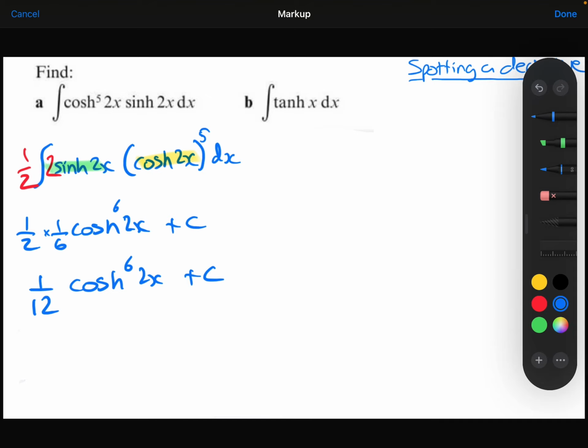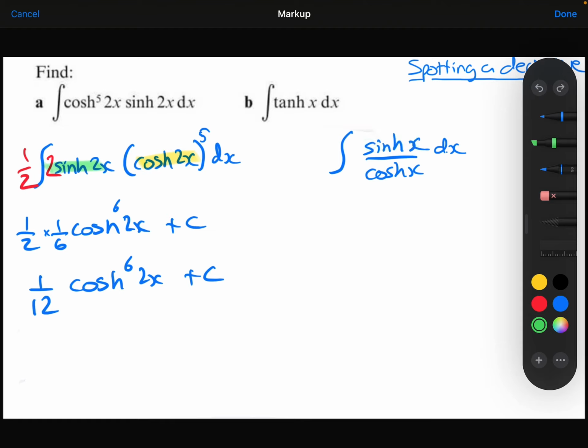Next we have the tanh x. Now I can think of tanh as being sinh over cosh. And that's a good thing because sinh is the derivative of cosh.